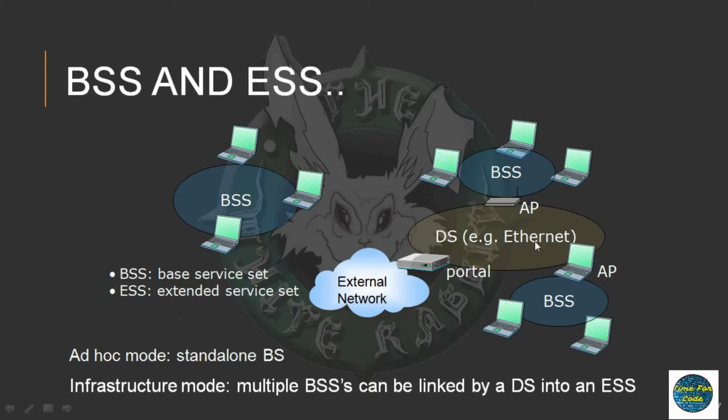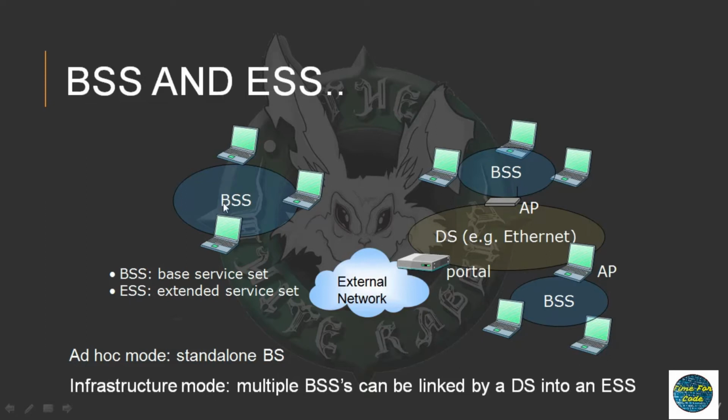So you have multiple access points connected through a distribution system, and then there's a portal that connects all of this to an external network. This is a more typical architecture that we'll see implemented for systems that use Wi-Fi: multiple access points in a distribution system, connecting through a portal to an external network like the internet.